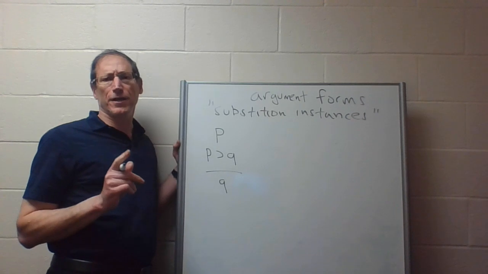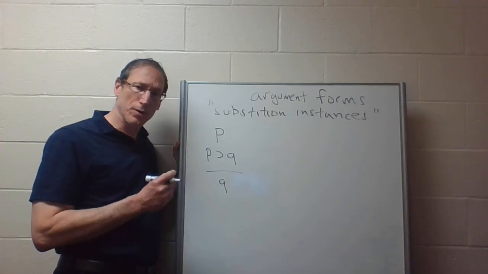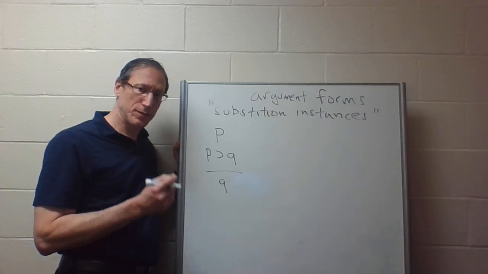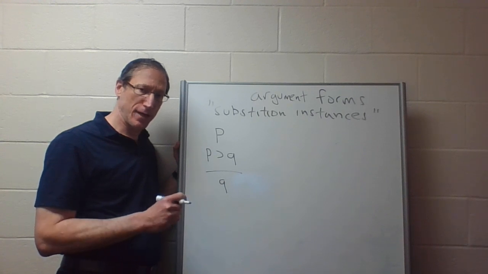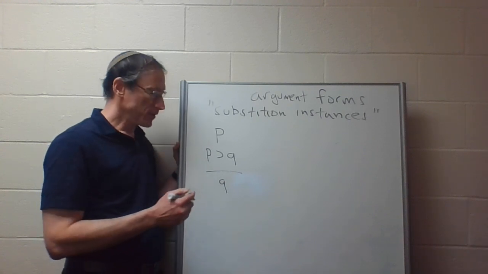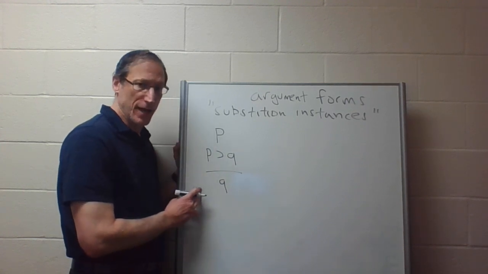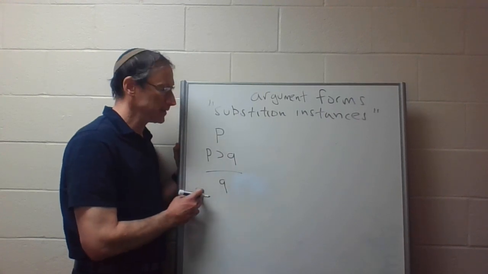Now, here's something I'd like to say, which is the order of premises does not affect or change whether the argument form is valid or invalid, right? So for example, suppose I give you this. This is a valid argument form. You can test that by the truth table.